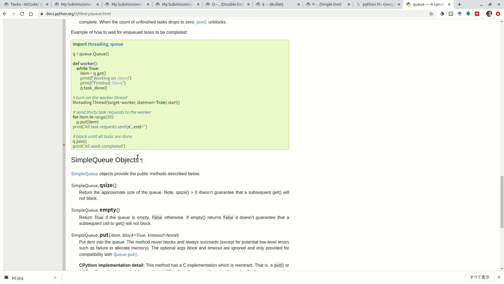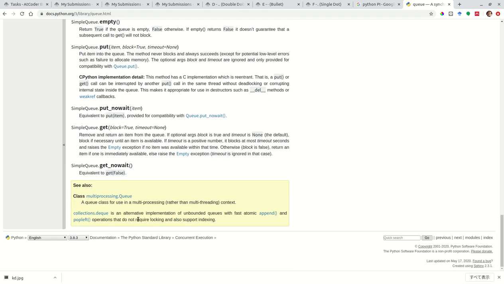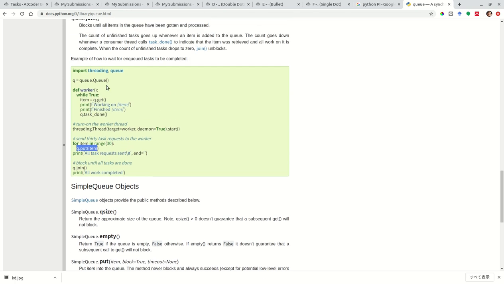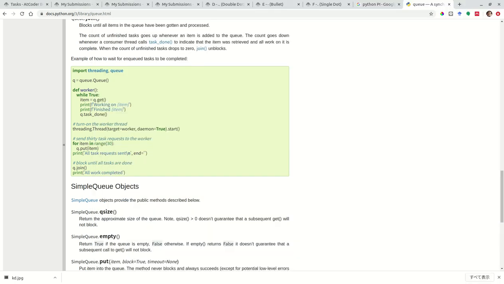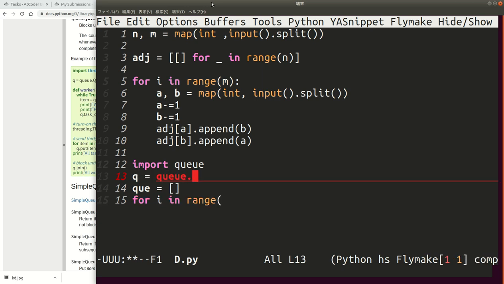Put and get order. So okay, we can just put, and we can just get. Okay, so just import queue, with small q, and Q equal to queue.Queue.